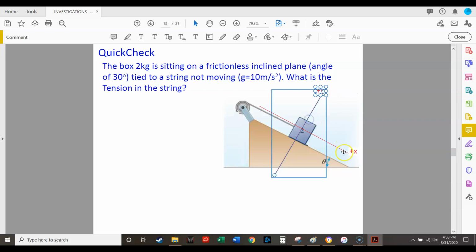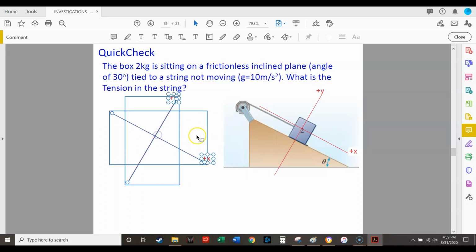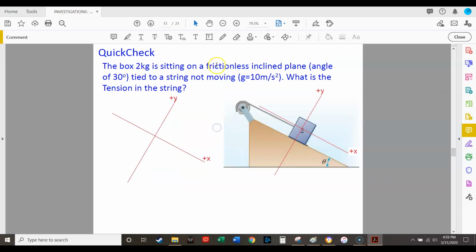The reason I'm doing that is I need this coordinate system for my force diagram, which I'm going to do right here. I want to remember my angle, which is 30 degrees.